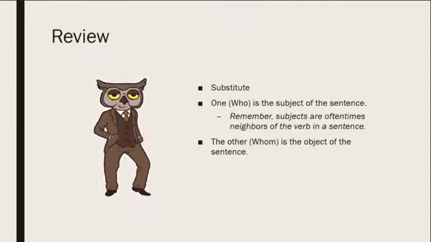And if the action is happening to something else or to another noun, then that is the object. Like I said, that's why we go with substitution, because that whole object-subject thing gets confusing. But if you substitute, that's probably going to make the most sense. So that's who versus whom.